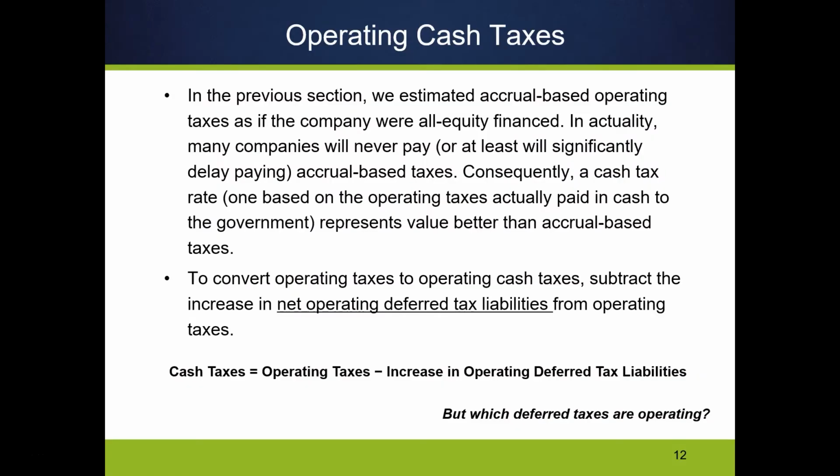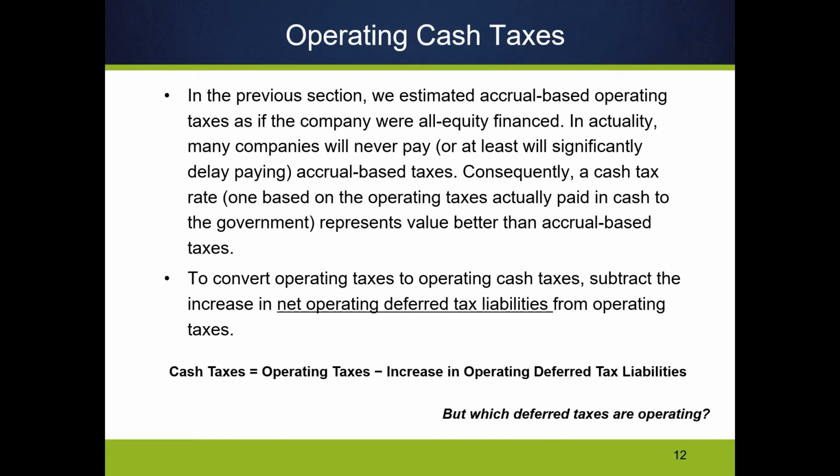And this all has to do with moving from what we call accrual-based operating taxes to non-accrual-based or cash-based taxes. In other words, lots of companies use different measures like amortization, like accelerated depreciation, and have other deferred tax liabilities or assets that cause the reported taxes to be different than the taxes that are actually paid.